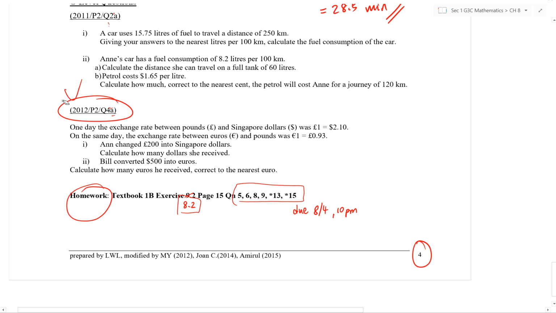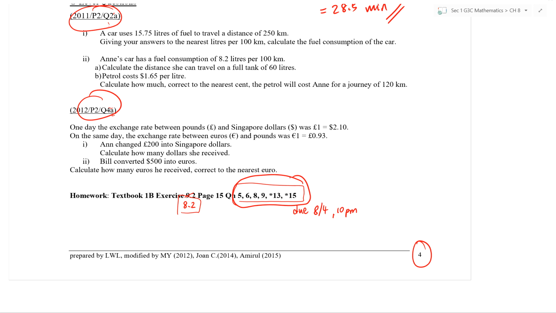Now for all the homework submission, you still have to do your own self-marking. I will be uploading a soft copy of fully worked solutions. So including these two O-level questions, I'll be uploading the worked solutions online. Same for these textbook questions. Fully worked solutions will be placed.